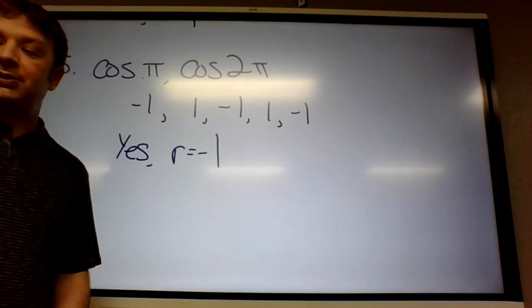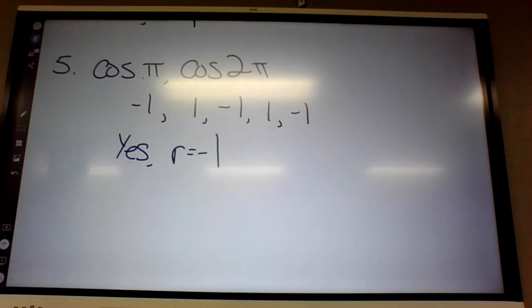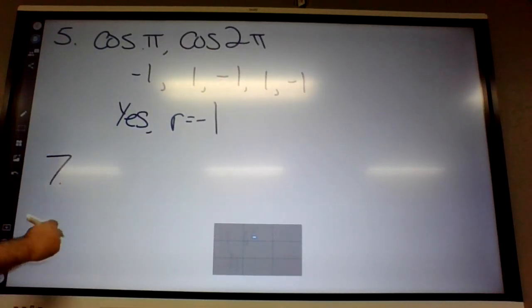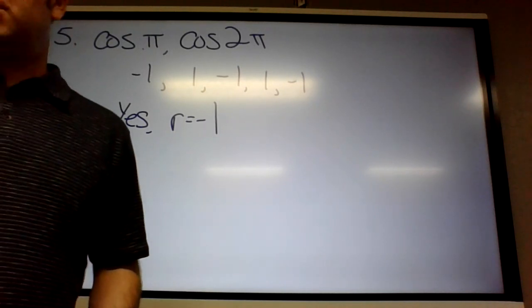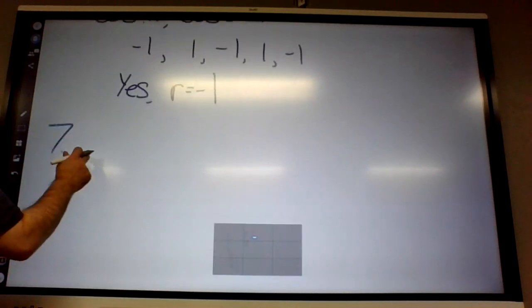So that sequence is just 1, 2, 3, 4. Is that a geometric sequence? No, the pattern is +1. It's not times 2 or anything, because it doesn't work on all of those.